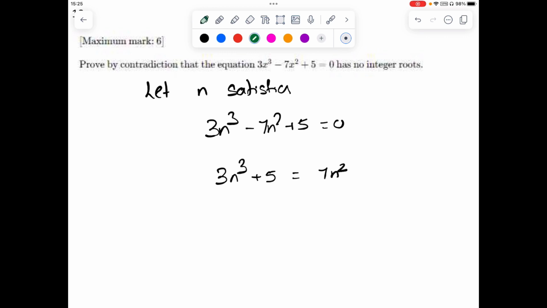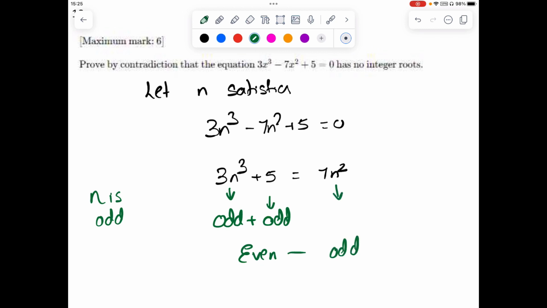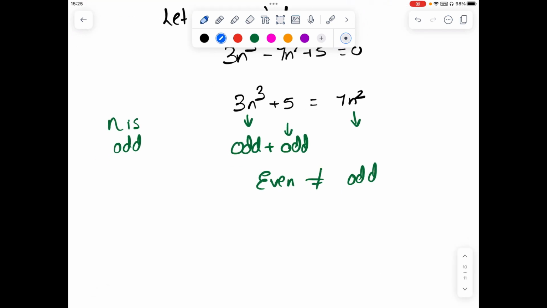We'll take the first case: let n be odd. Then 3n cube is an odd number and 5 is also an odd number. The sum of two odd numbers is an even number, and 7n square is an odd number. An even number cannot equal an odd number, so the first case is not possible.